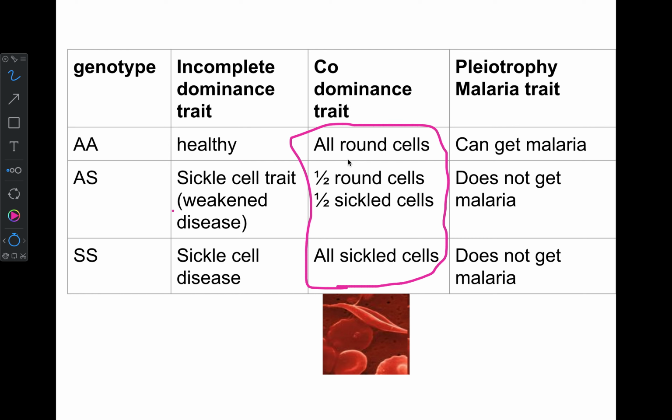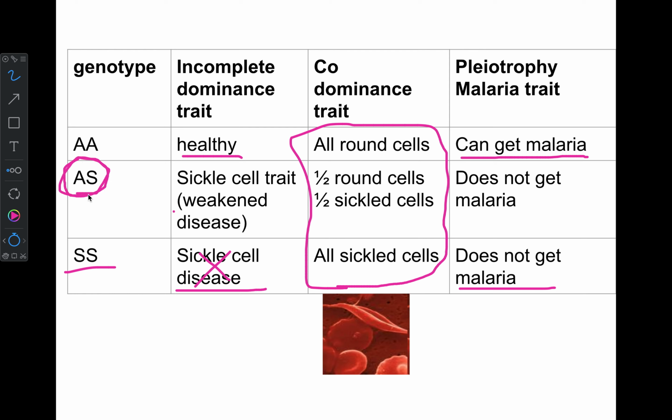If you have all round cells, you're not getting the disease, but you can get malaria, a separate disease. Whereas if you have all sickle cells, right, you're going to get sickle cell disease, which is bad. We don't want that. But you can't get malaria, this separate disease. But if you're in the middle, it's the best of both worlds.